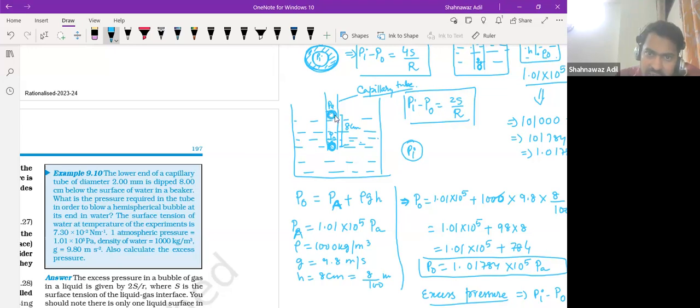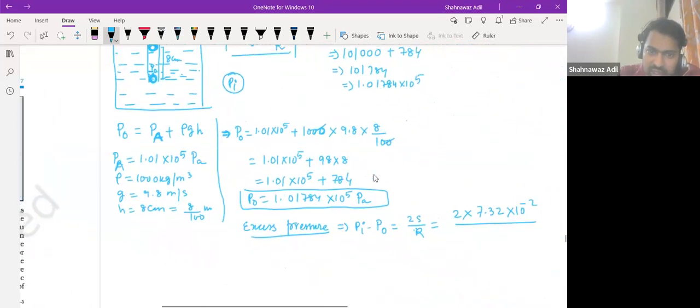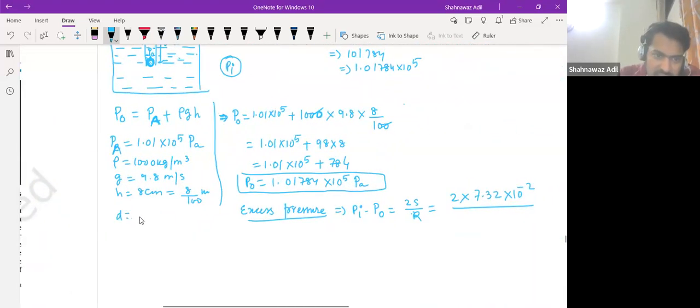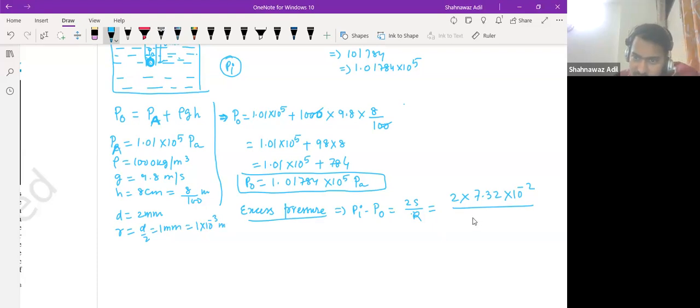So it is matching with the size of the tube. So it will have the same radius, right? So what would be the radius? Diameter is 2 millimeter. So radius would be diameter by 2, which is 1 millimeter, which is 1 into 10 to the power minus 3 meters. So this is 1 into 10 to the power minus 3 meters, right?